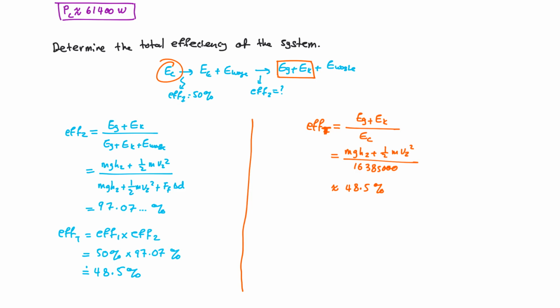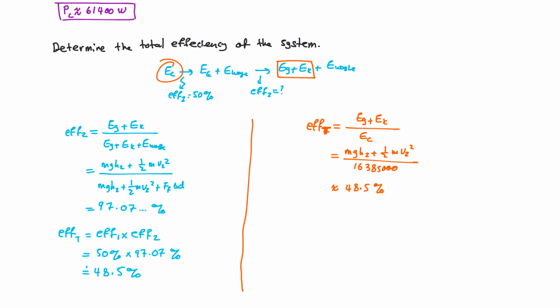When you get a question like this, just look at what is the best way of solving it. In this particular case, because the first part of the question had asked us to find the chemical energy, the easier way is just to add these two and divide it by EC. It just takes fewer lines to finish.